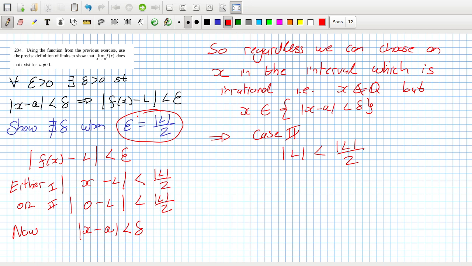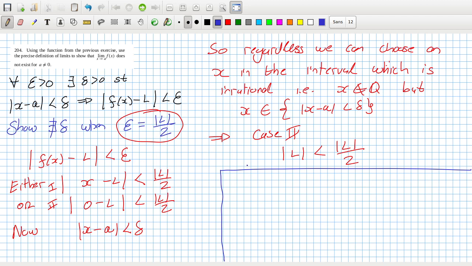Should we consider the case when L is 0? What about the situation where L was 0? Could L be 0?